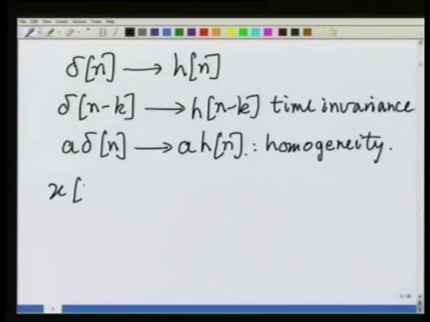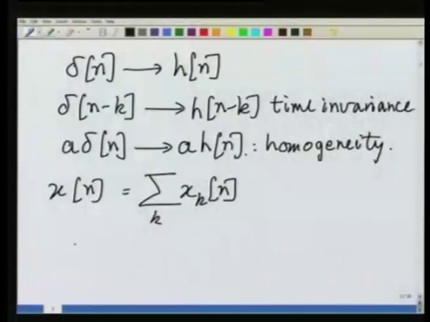x n equals summation over all k x k of n. If you go back to the definition of x k of n, you will see that it is non-zero only at n equal to k, and at that point it takes the value of x k; at other places it is 0.